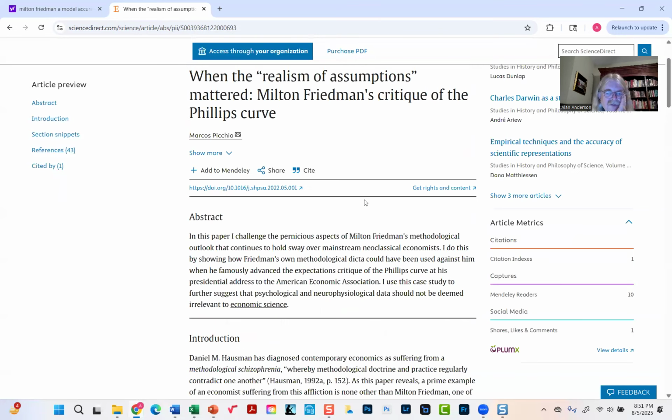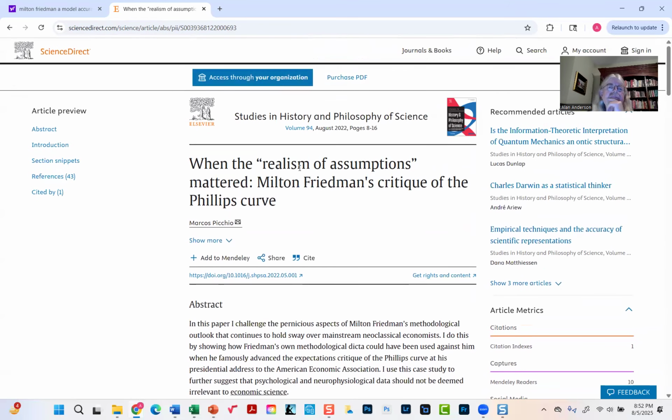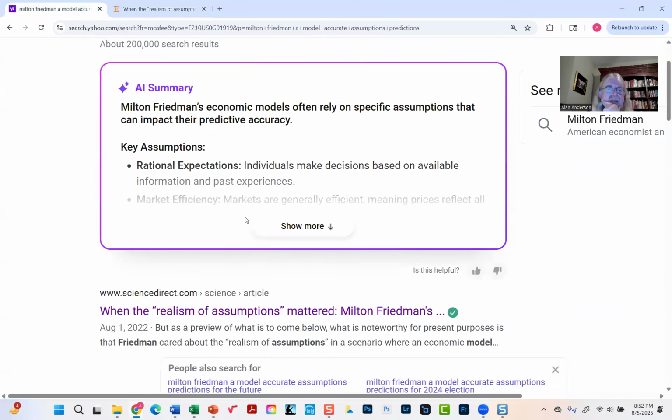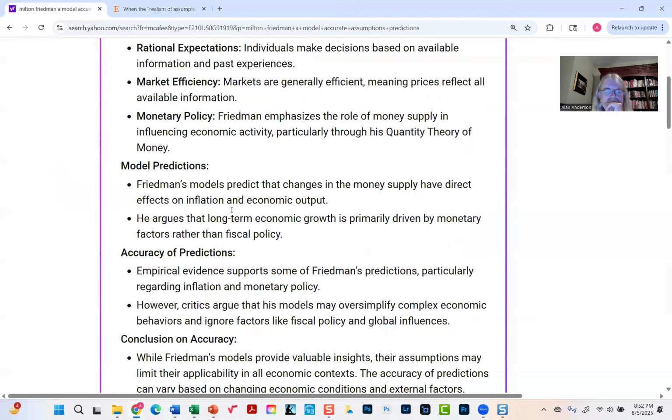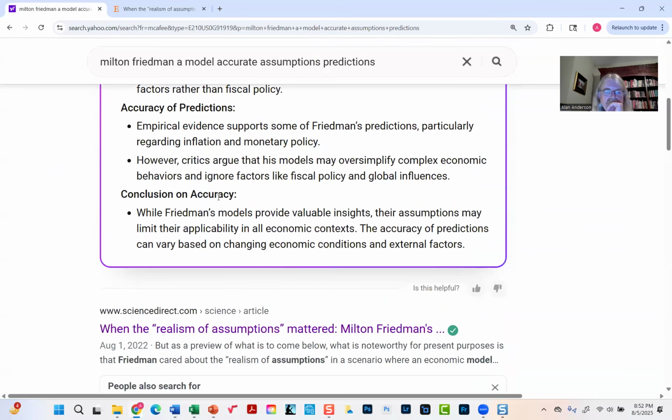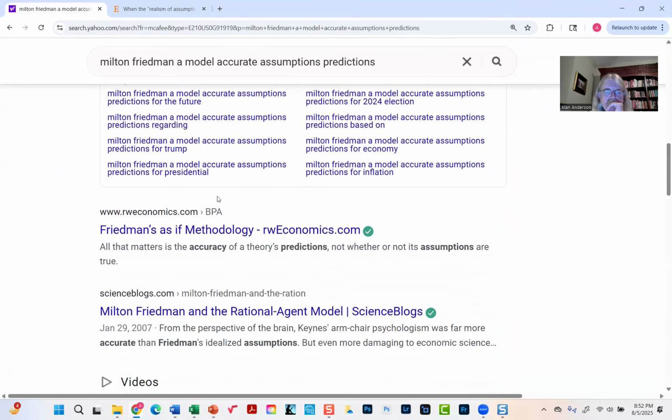Yeah, I don't think it's going to give us the quote. Well, maybe we're not going to find it. Oh, here it comes. All that matters is the accuracy of the theory's predictions, not whether its assumptions are true, or at least that's a paraphrase of it.